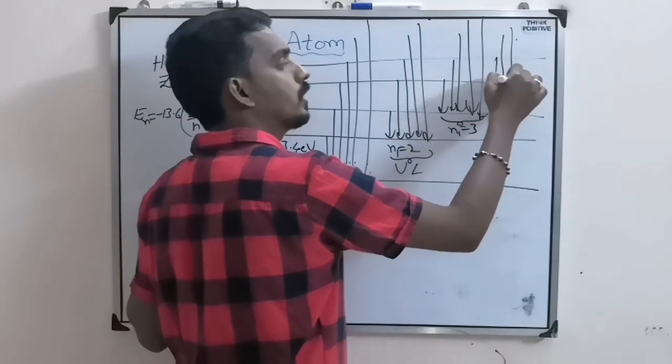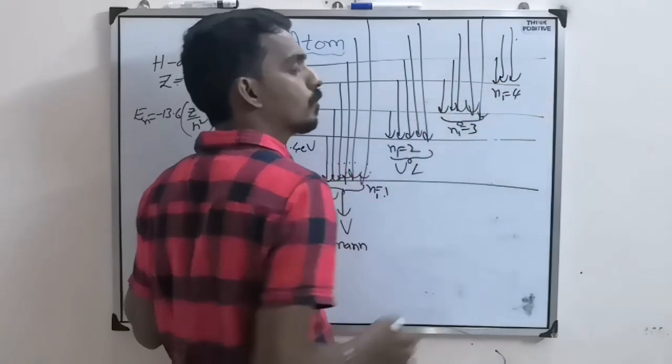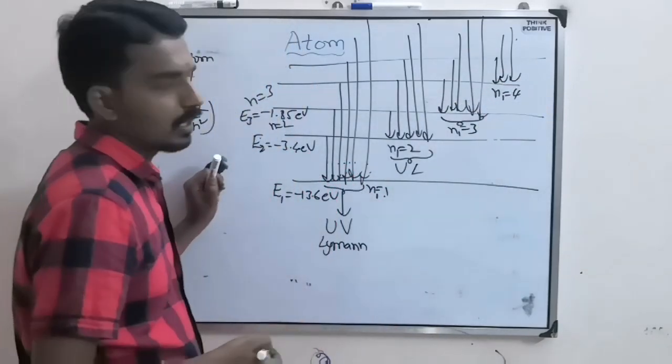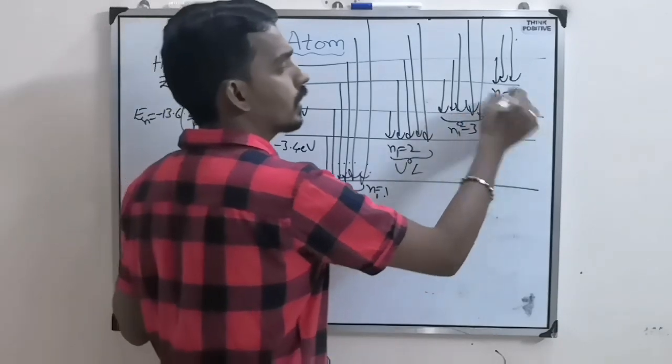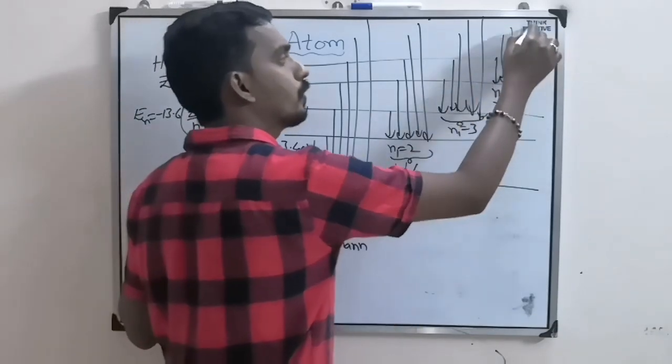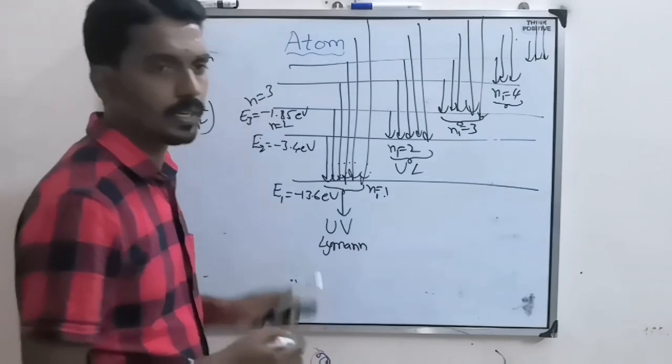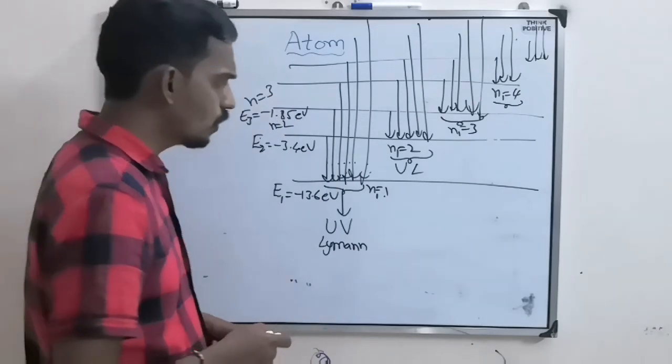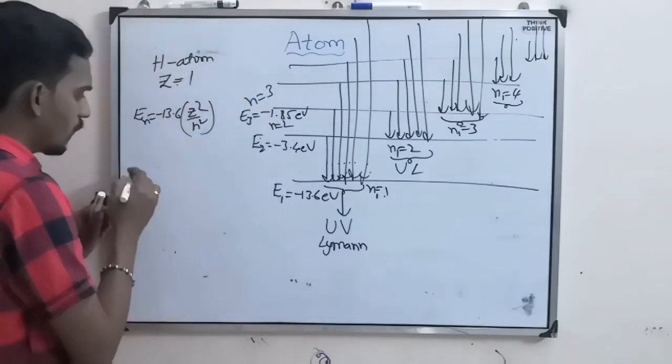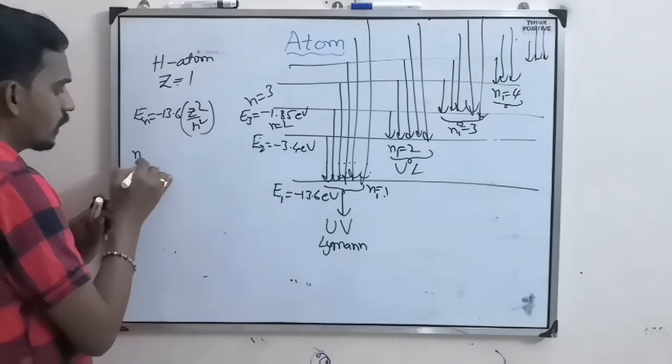Next, n1 equal to 4 means they should come to the fourth level or third excited state. This is the Brackett series, and if they are coming to the fifth level from a higher level, then we call it the Pfund series.